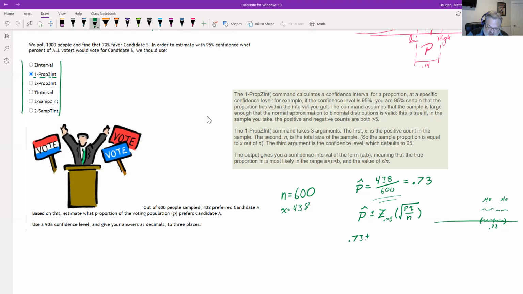Our critical value for a 90% was, what was that, the 1.65? 1.64? 1.64, okay. And then that's square root of 0.73 times 0.27 divided by 600 for standard error.